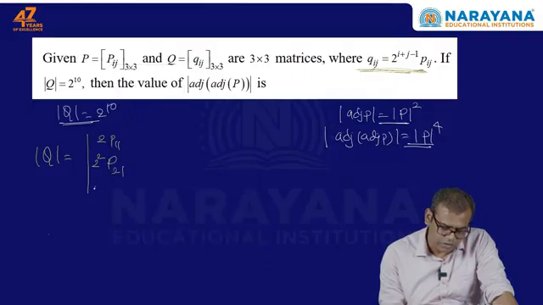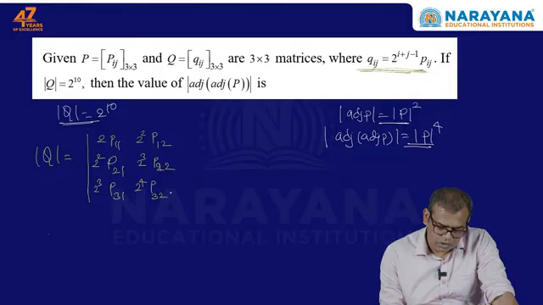Second row first column element, 2 square, and so on, up to the third row third column element.